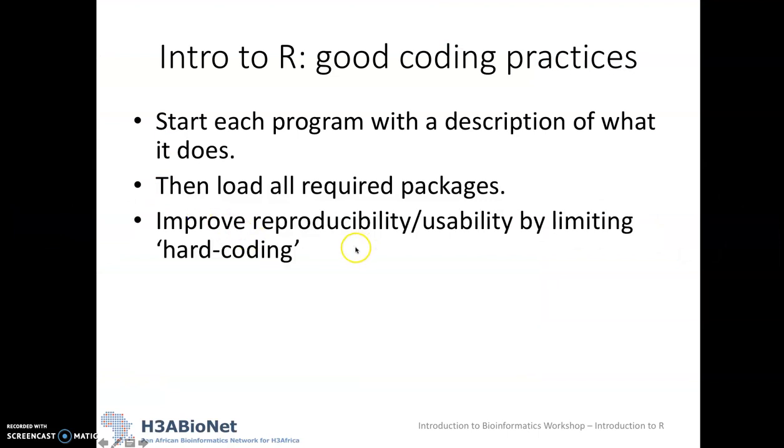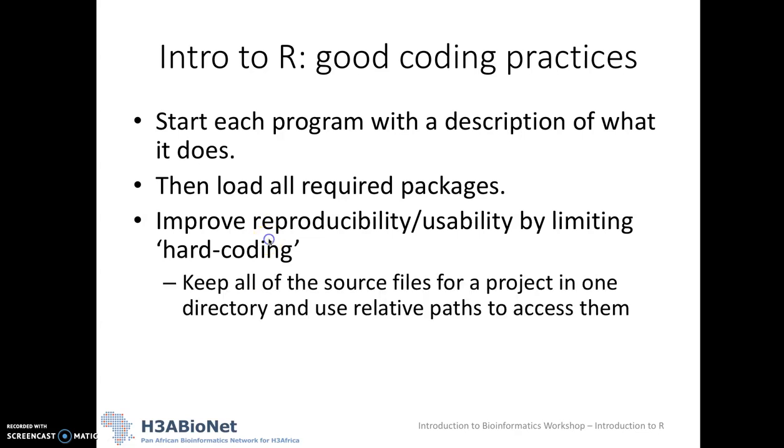One thing that's important to remember is that to improve the reproducibility and the usability of your code, you want to limit hard coding in your script. What I mean by that is you want to keep all the source files for a project in one directory and use relative paths to access them.